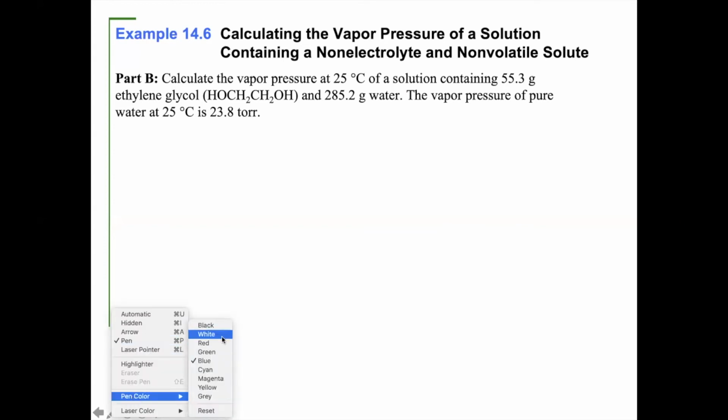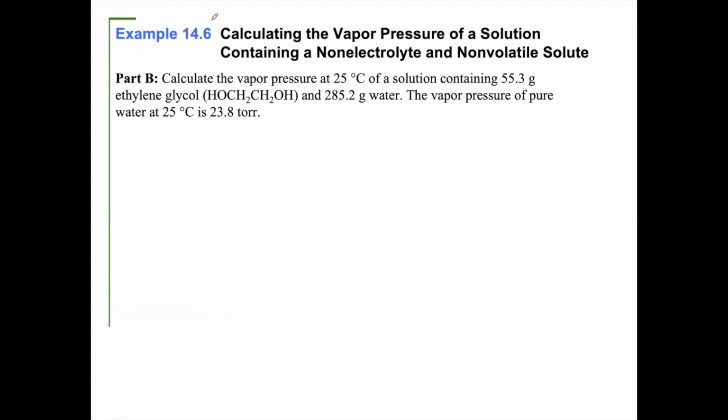Let's first write out everything that we know. This is a Raoult's law question because we're finding the vapor pressure of a solution. So the pressure of the solution is going to be the mole fraction of the solvent, in this case water, times the pressure of pure water at the same temperature.